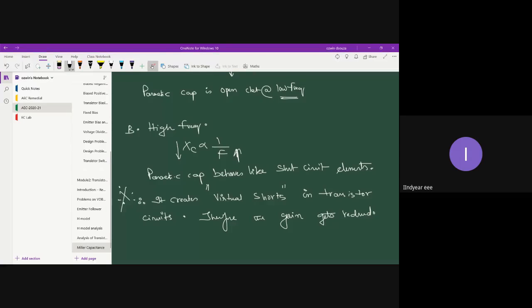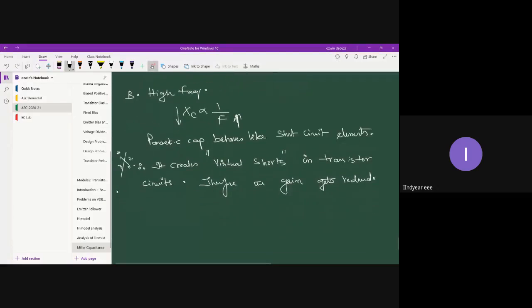This is very important for viva as well as in competitive examinations. They may ask what is the major cause for the dip in voltage gain in the high frequency region. So the dip in voltage gain in the high frequency region is attributed to the presence of parasitic capacitance, and at higher frequency the parasitic capacitance reactance is very, very small, so it can be treated as a short circuit element.